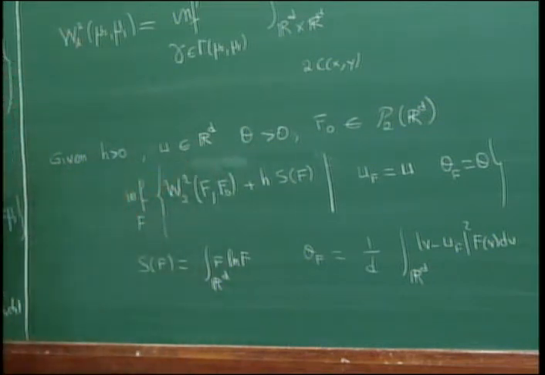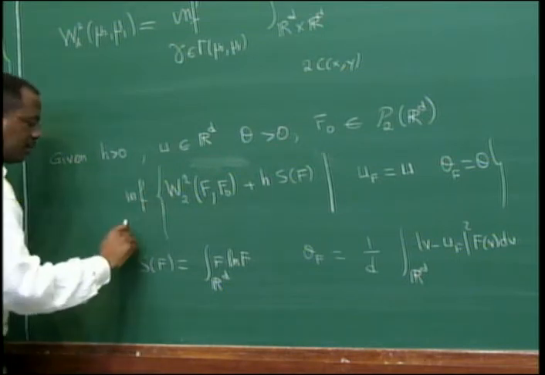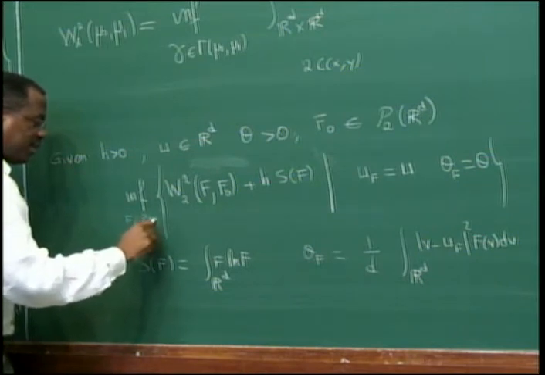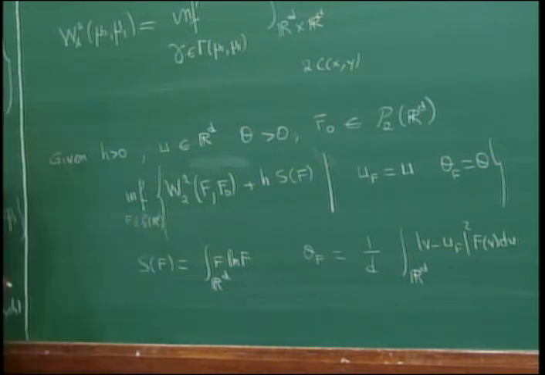So f naught belongs to P2 of R^d, the set of probability measures of bounded second moment, whose second moment is finite. But it's still a function also. Yes, f naught is a function.